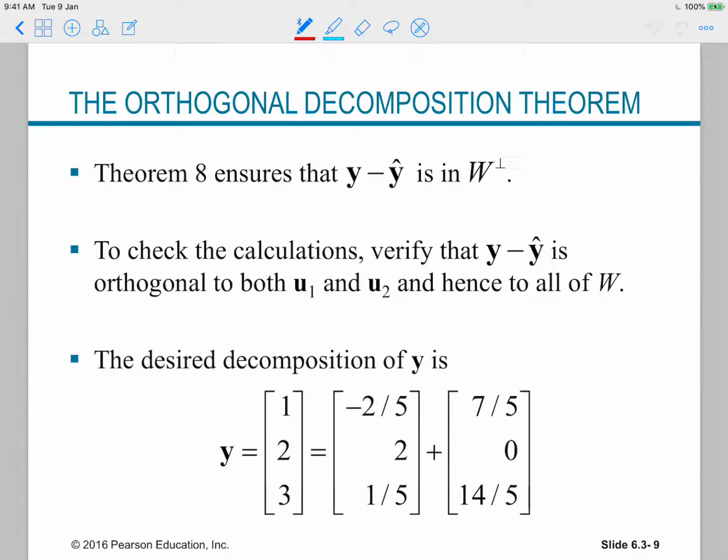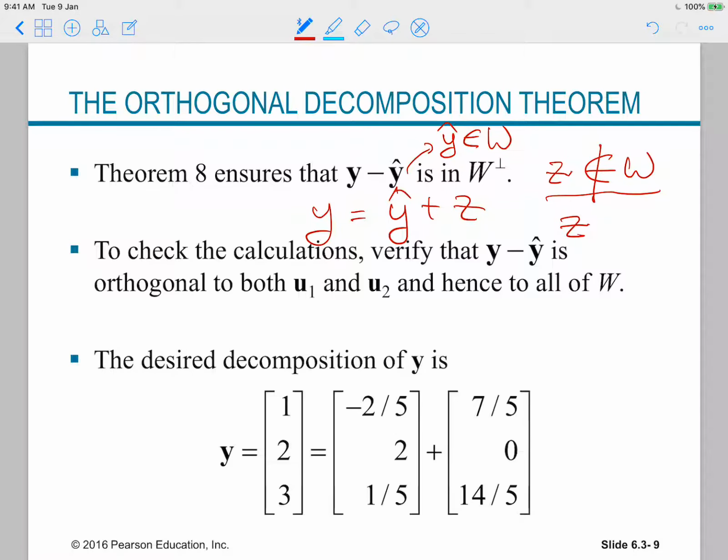So this kind of decomposition of y as y hat plus z, where y hat is inside of W, and what about z? z is clearly not inside W, but furthermore, z is actually inside of W perpendicular, right?